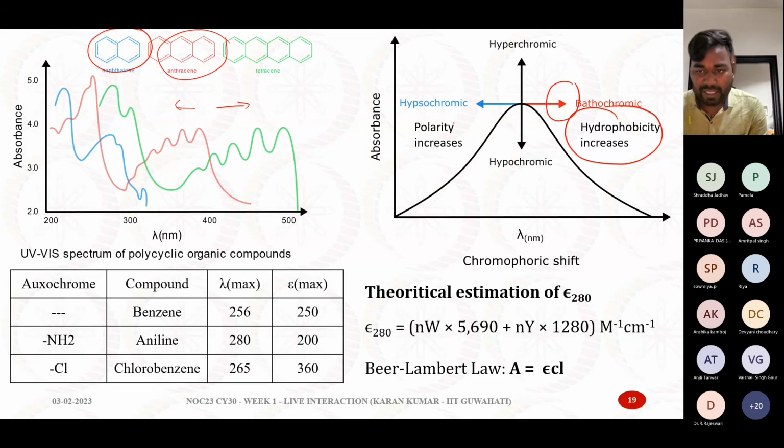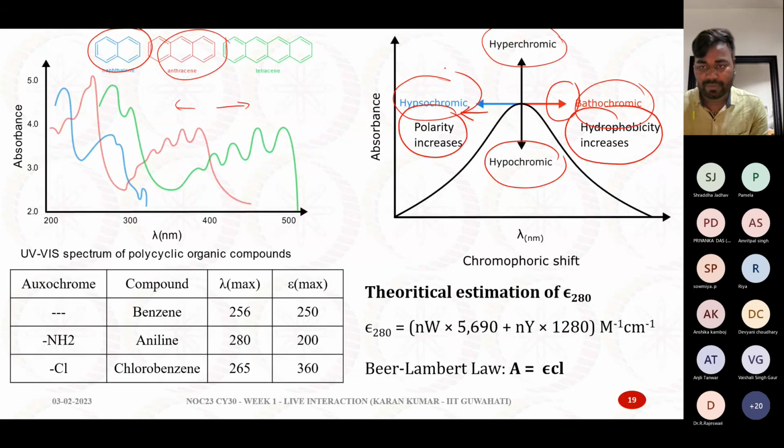But when polarity is increased, hypsochromic shift is noticed. There are four terminologies: hyperchromic, hypochromic, bathochromic, and hypsochromic.